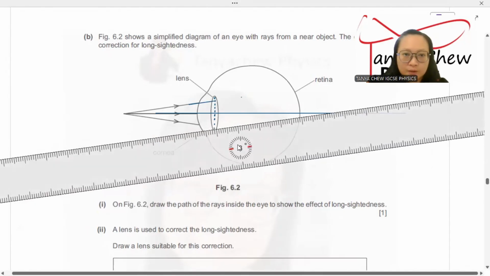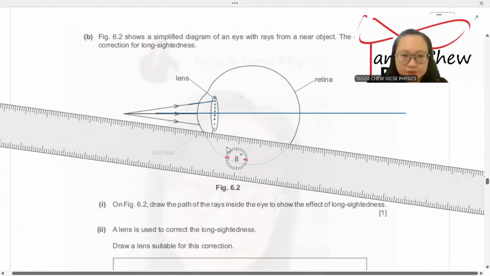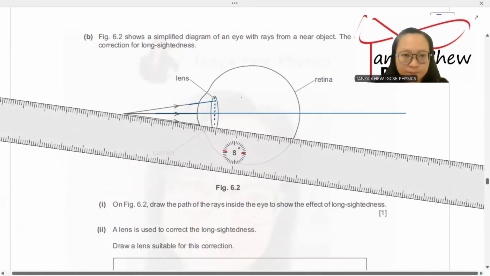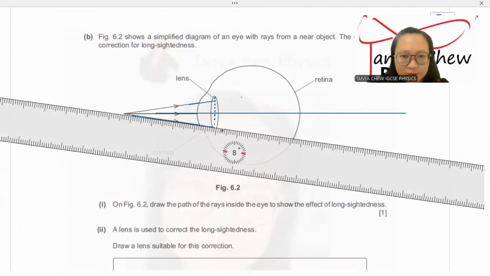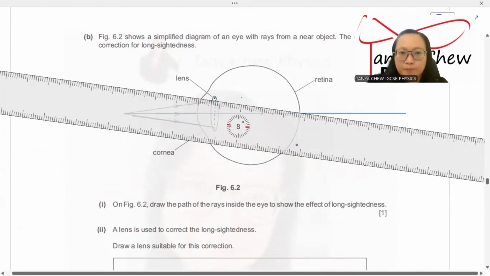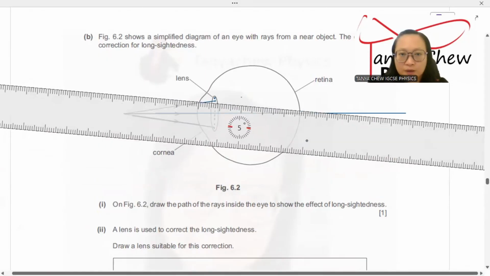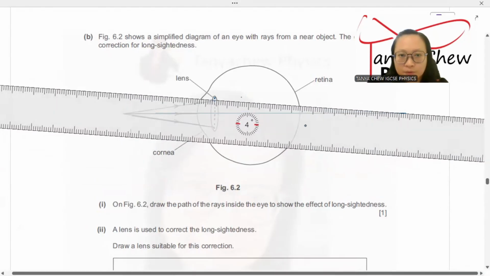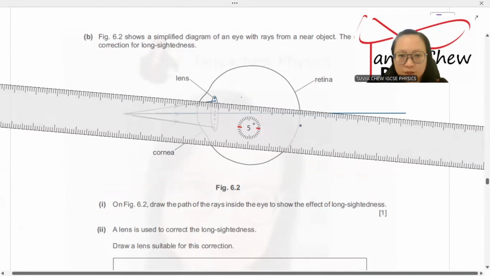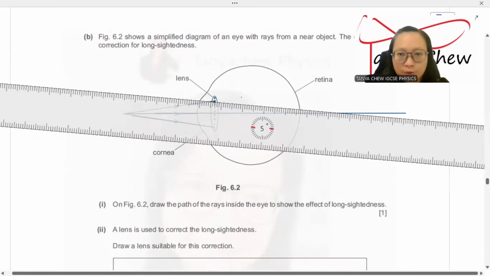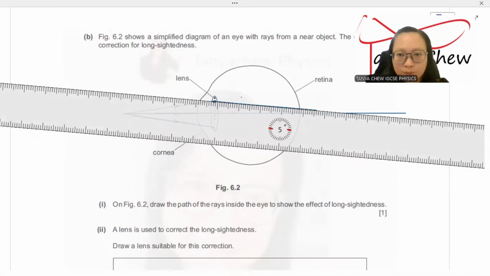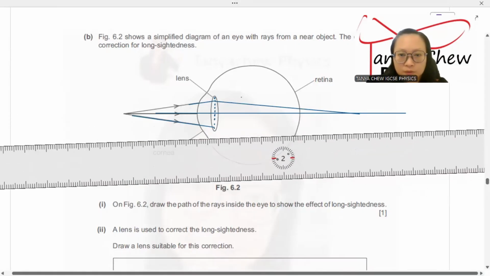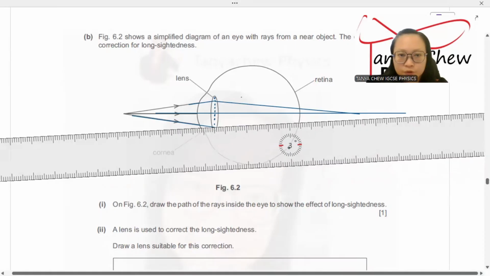This is also the same thing. Ray going towards the center of the lens. Here, center of the lens. And then the ray will be refracted. Just draw refraction occurring, like that. The other one, I'm going to draw as well, so that they meet at a point.